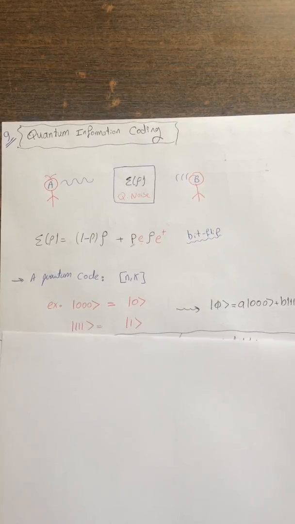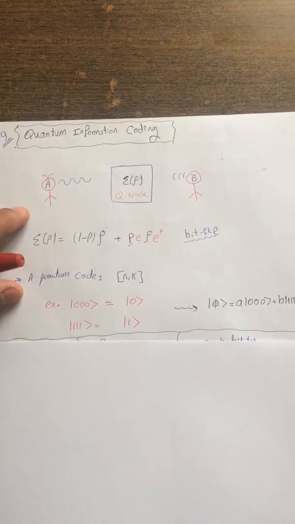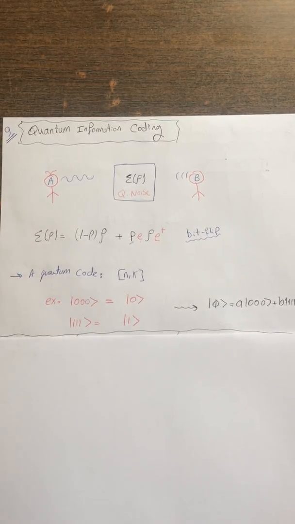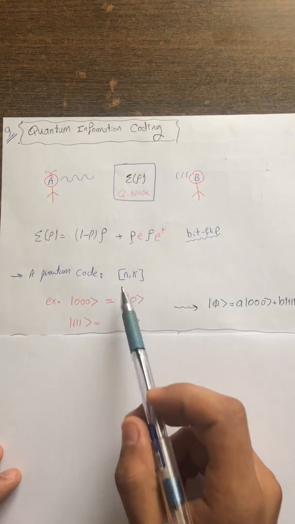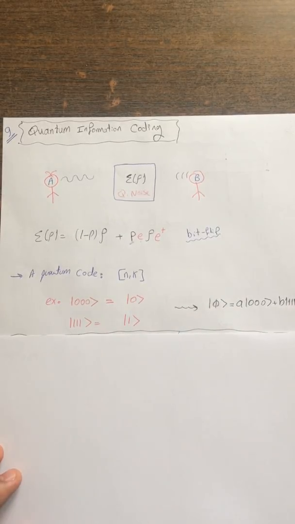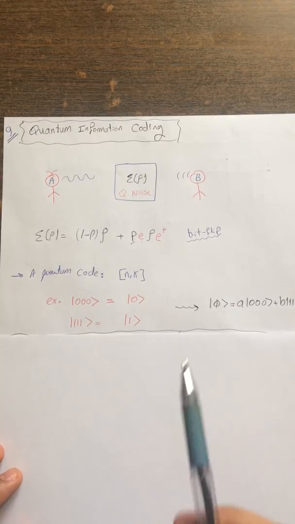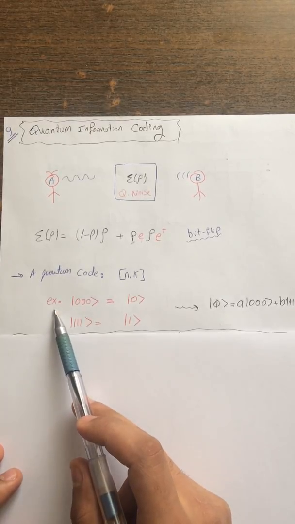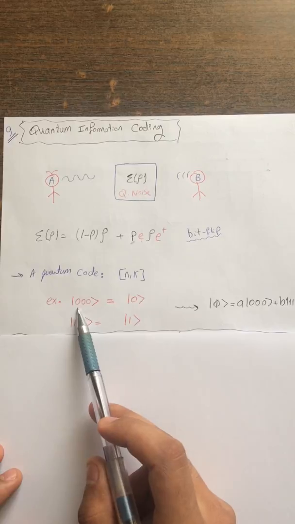So let's write down a quantum code. We have been exposed to classical coding last video, but now let's make a quantum code. The quantum code is simply n and k as we did, but the Hamming distance here is neglected for some reasons. Let's just neglect it for a while and say that this is an example of a quantum code.